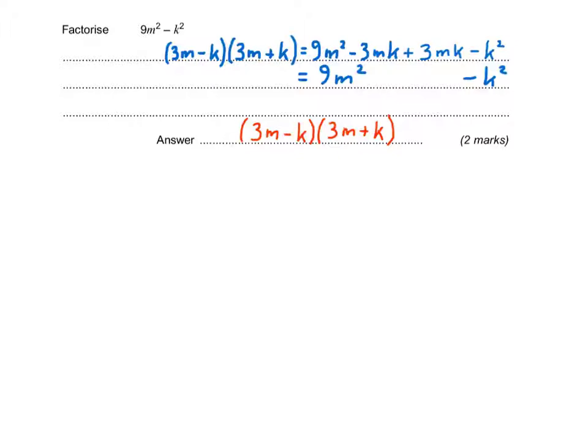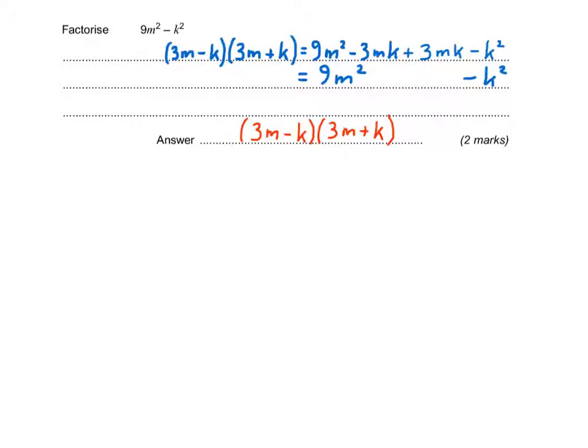is minus k squared. And what you get is those middle two cancelling each other out, because they're plus and minus the same thing. So you get 9m squared minus k squared, which was the original thing. So 9m squared minus k squared factorises to 3m minus k times 3m plus k.